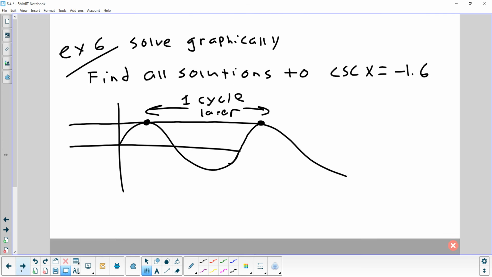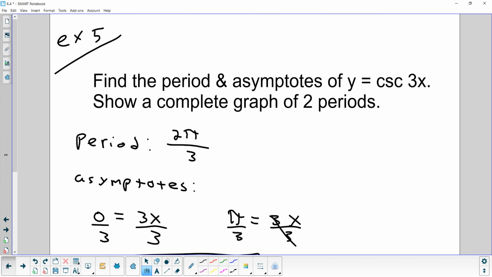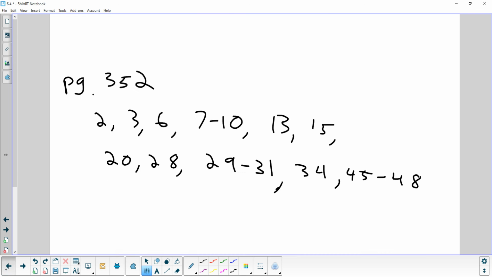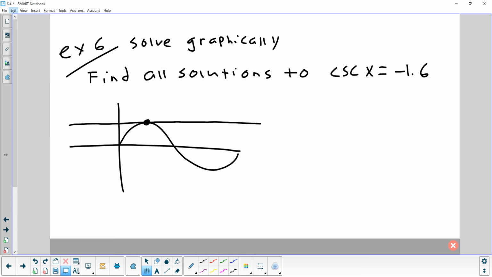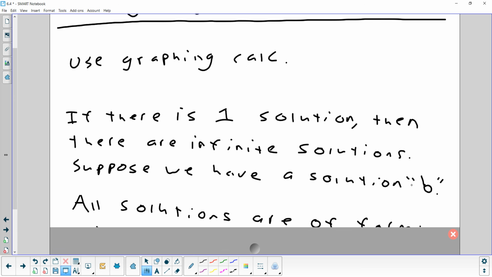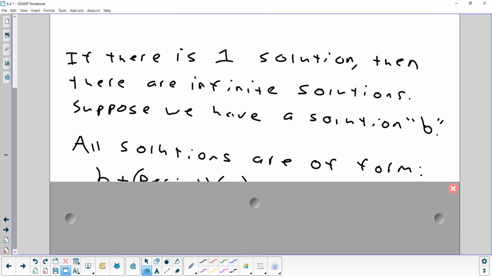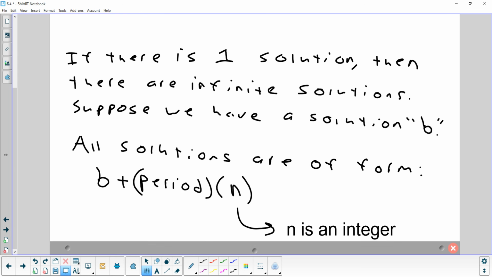It's very similar to how we wrote down asymptotes. I think I accidentally deleted the page. Hold on. So, if they ask you to find all solutions to an equation, not just one specific one, you do it just like you do the asymptotes.